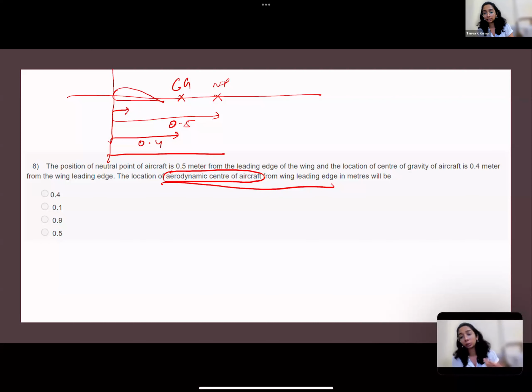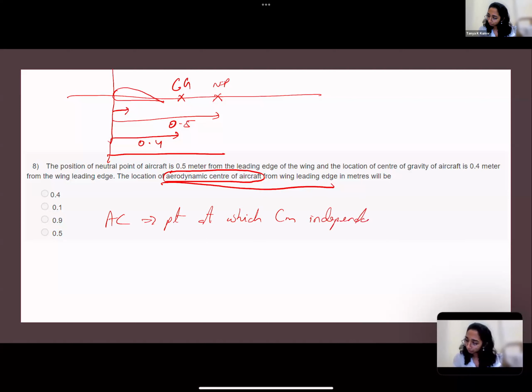Okay, now tell me what is the definition for neutral point? So AC is the point at which pitching moment is independent of alpha. What is neutral point?